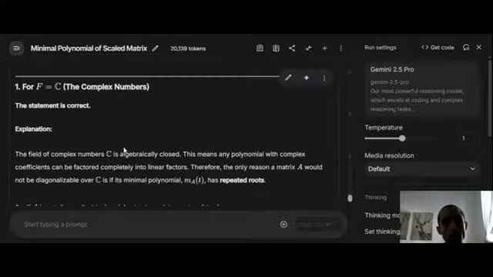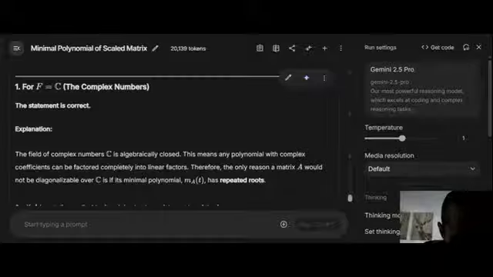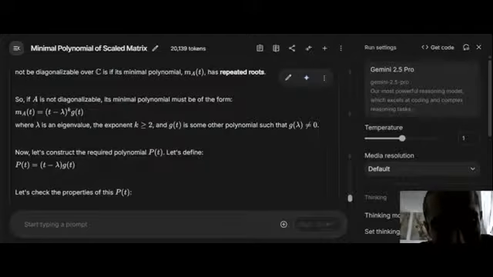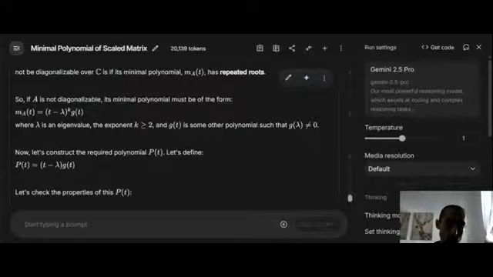This means any polynomial with complex coefficients can be factored completely into linear factors. Therefore, the only reason a matrix is not diagonalizable is if its minimal polynomial has repeated roots. So, if it's not diagonalizable, the polynomial must be of the form where lambda is an eigenvalue, with some exponent, and g(t) is some other polynomial such that g(lambda) is not equal to 0.